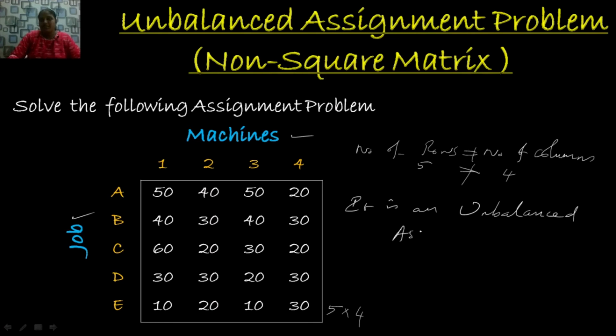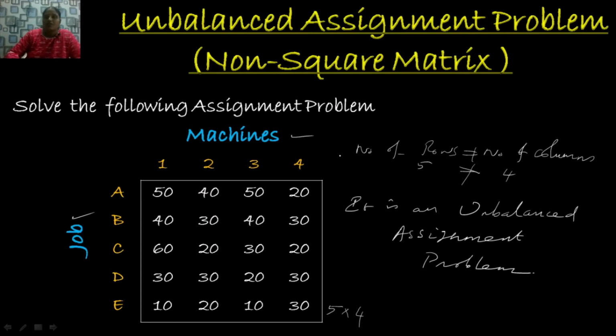If it is an unbalanced assignment problem, then we can't use the Hungarian method to find the optimum schedule. So for that, we have to convert this into a balanced assignment problem, and we proceed as usual in case of a balanced assignment problem.